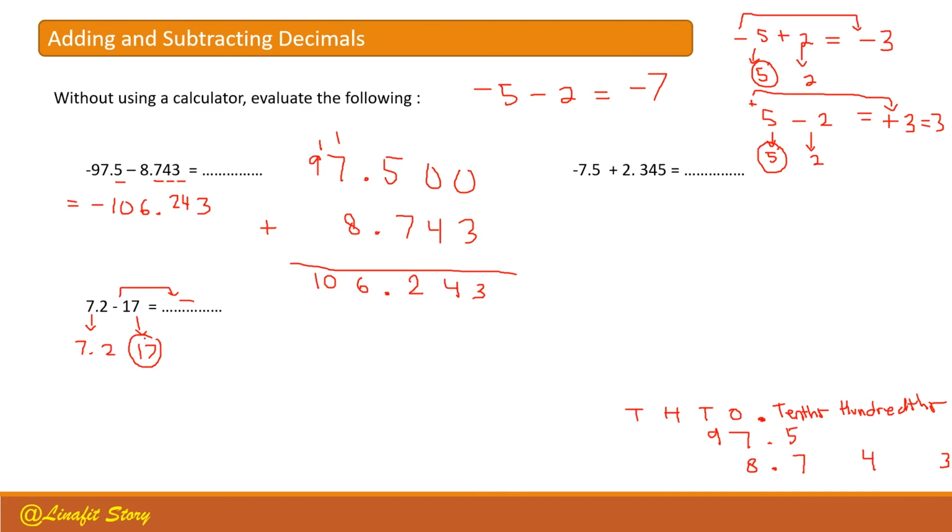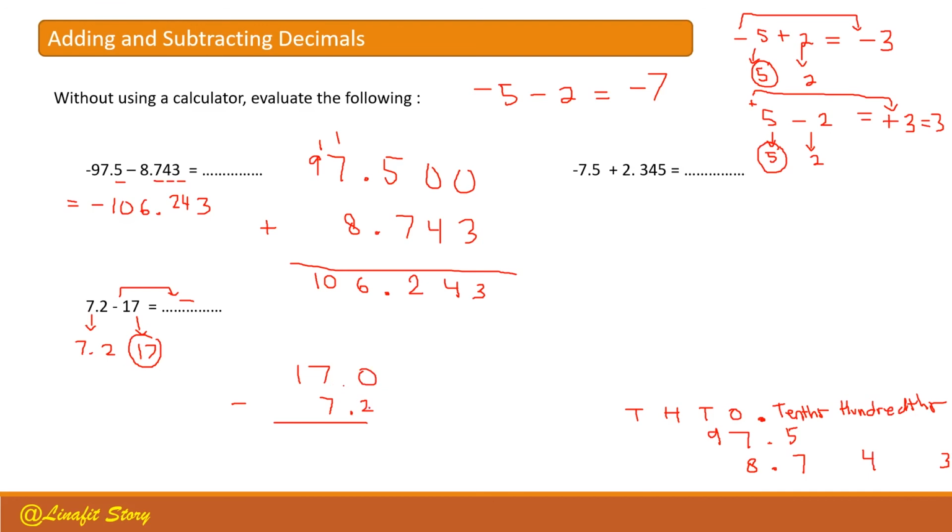Then find the difference between 7.2 and 17. Put the greater number here, then followed with the smaller number. 17 minus 7.2. Then put the 0 here so that the two numbers have the same number of decimal places.